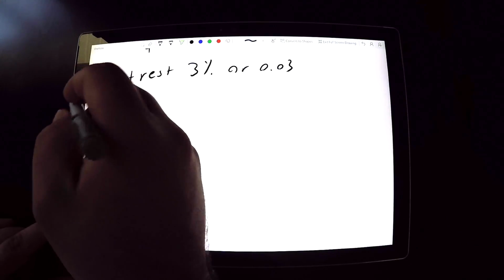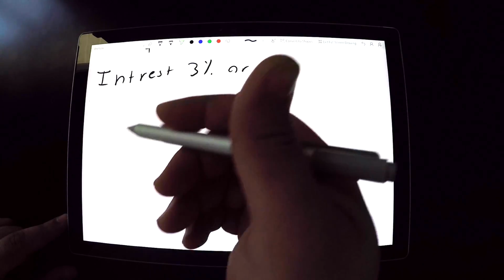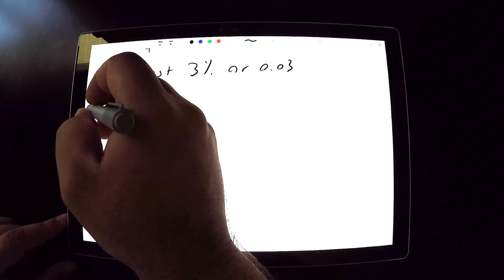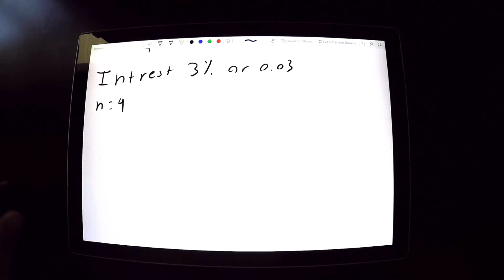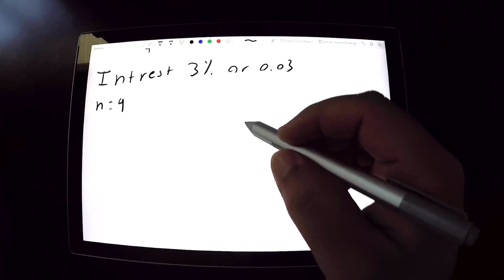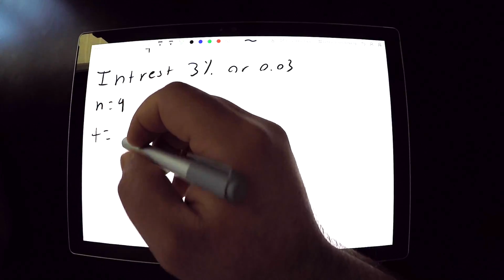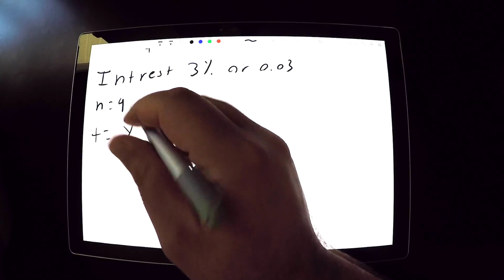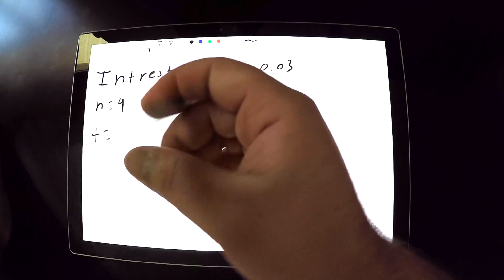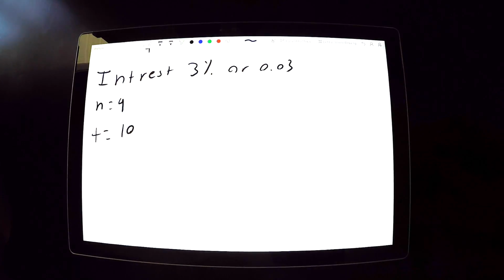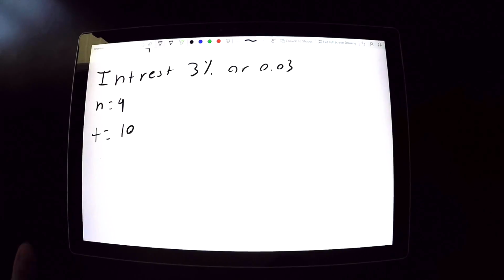Speaking in business terms, quarterly is always 4. So n equals 4, and t is years. T is equal to years, but t is 10.